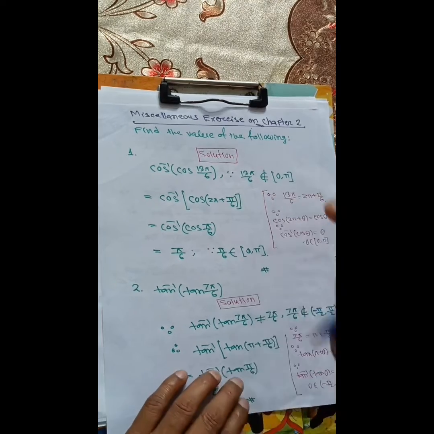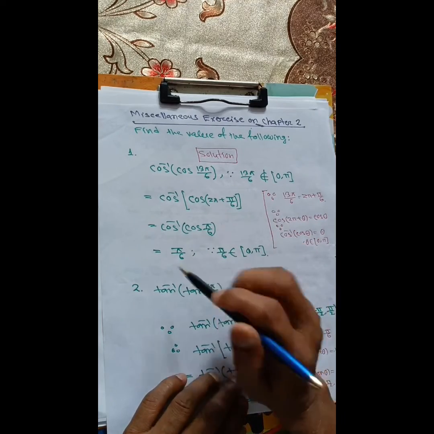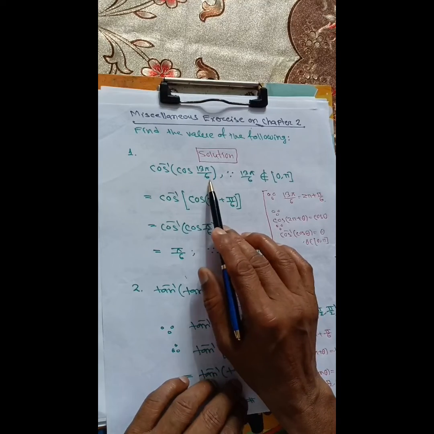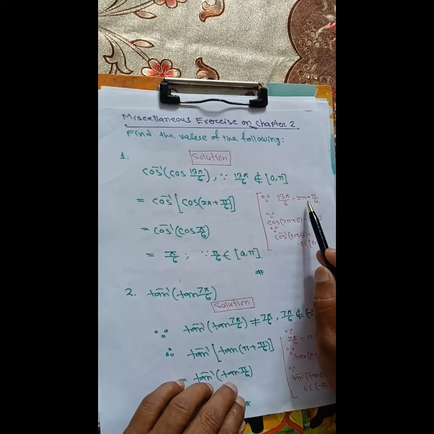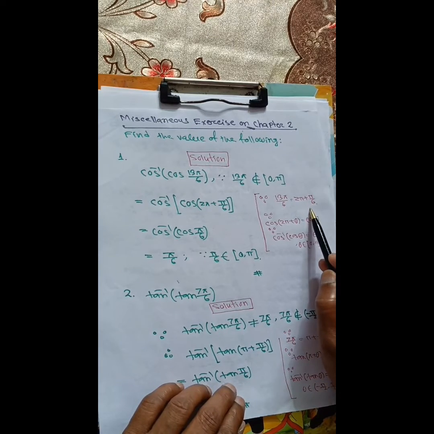For that we write 13 pi by 6 is equal to twice pi plus pi by 6.